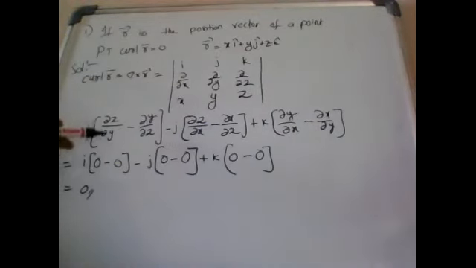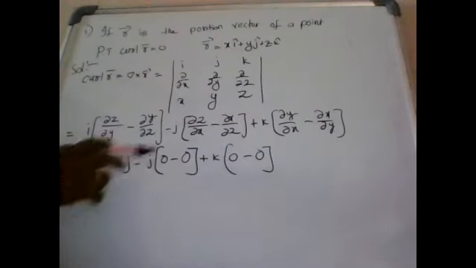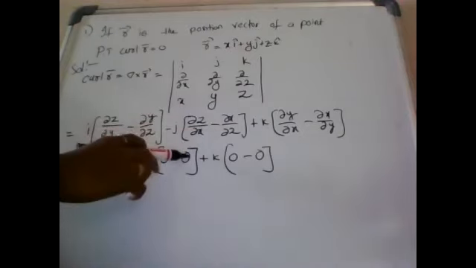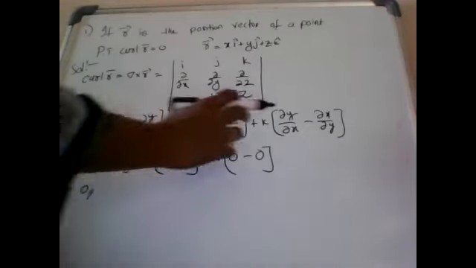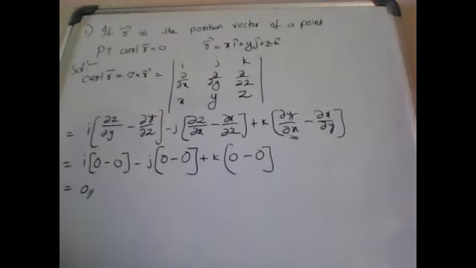Here z differentiation with respect to y is 0 and y differentiation with respect to z is also 0. Z with respect to x is 0 and x with respect to z is 0. Y with respect to x is 0, x with respect to y is also 0. So the total value we get is 0. Here r bar is a position vector, then curl of r bar equals 0.